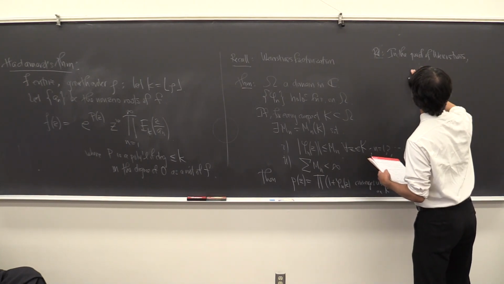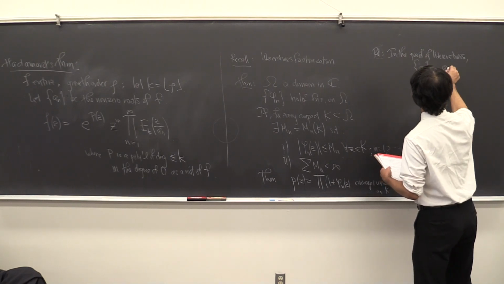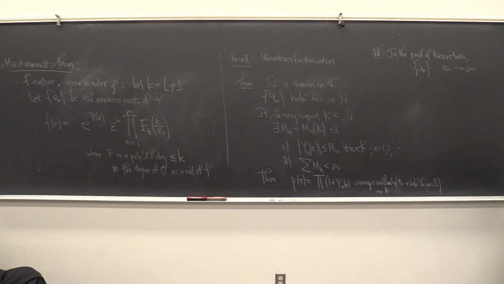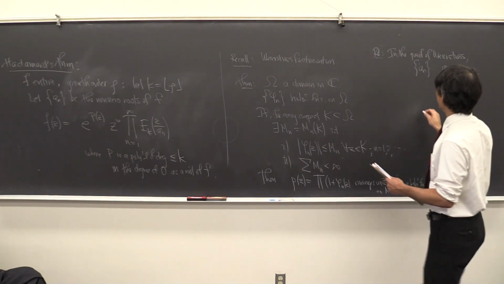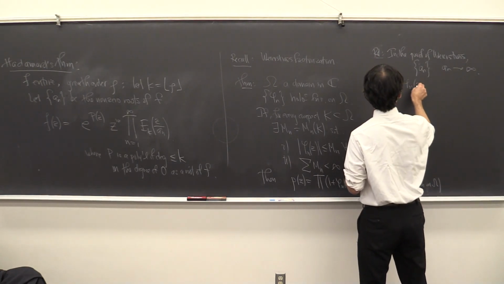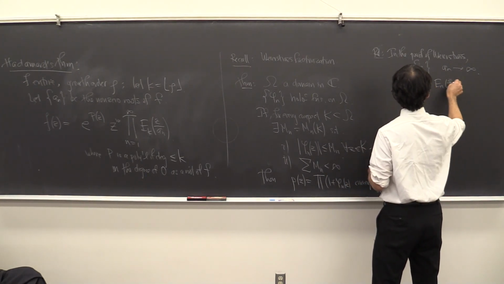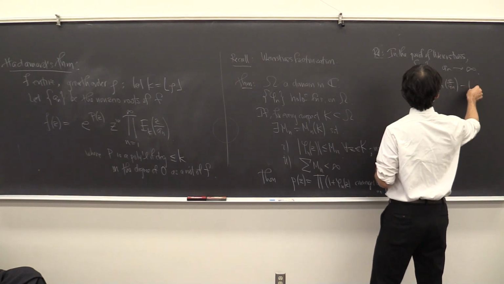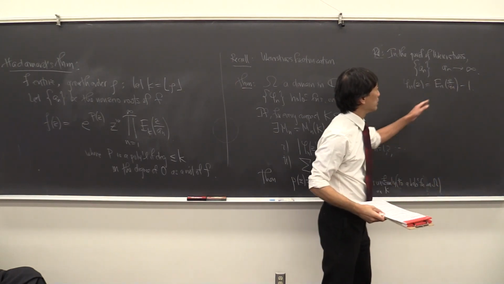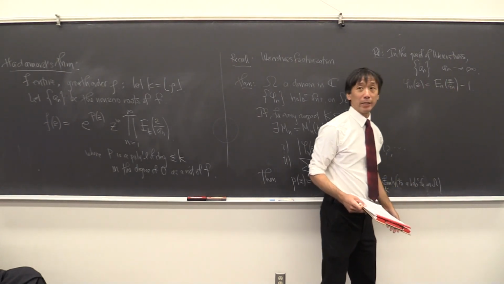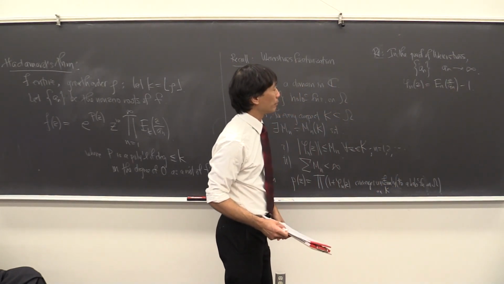We have a bunch of roots, and we assumed that the roots went to infinity. And our phi sub n were the difference between E sub n, scaled so that it had a 0 at a sub n, and 1.